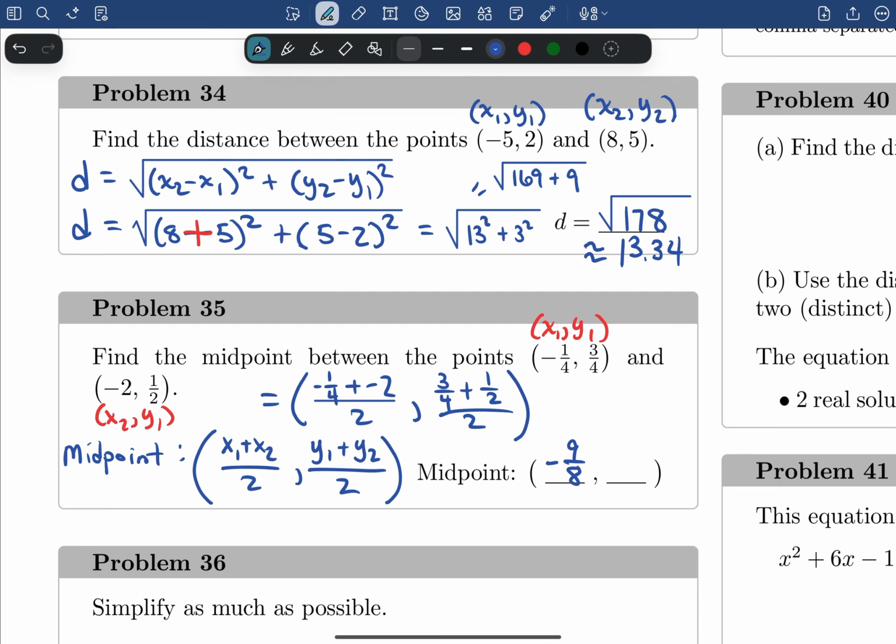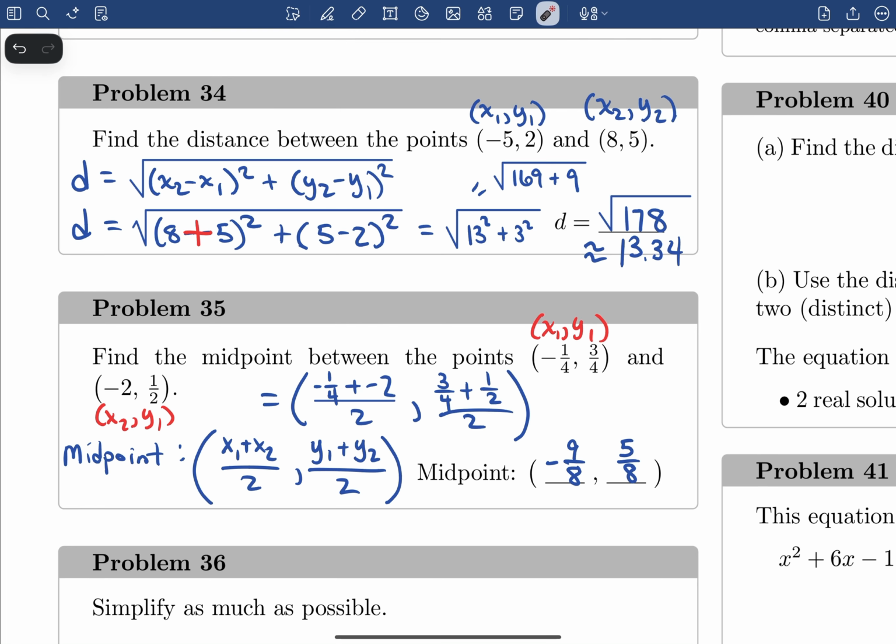And now for the y values, adding the y values together. Just one sec. I'm getting this all squared away. Awesome. So I found 5/8 for the y value.